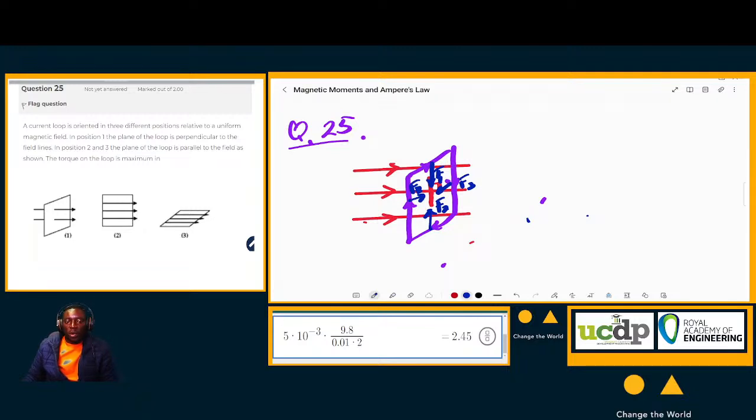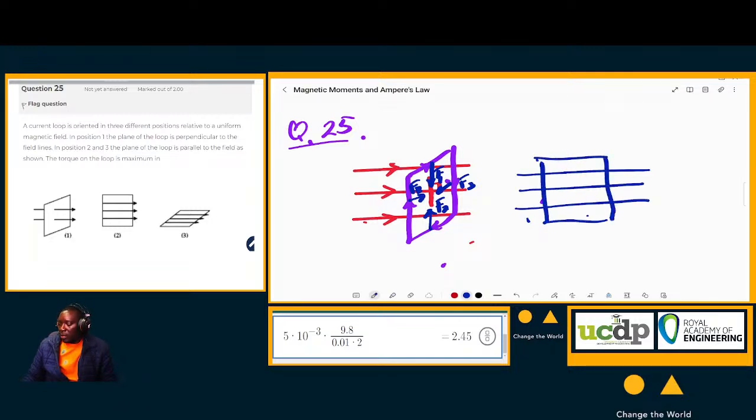But for 2 and 3, if we have our field like that, and the loop is in that sense, the sense for 2 and 3 will be the same, because it is just a matter of taking that same conductor and having it lie horizontally.